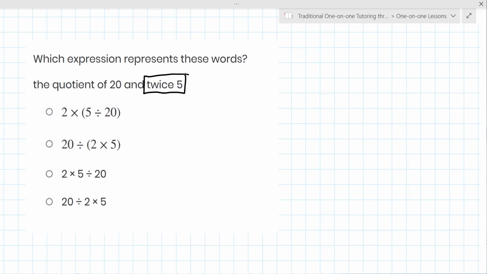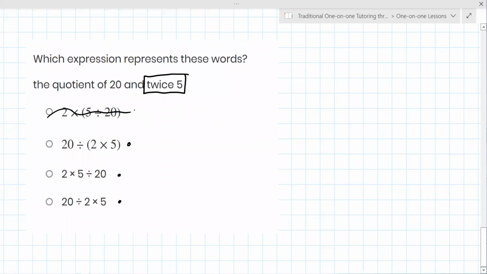Which of these has twice 5 in it? B, C, and D all have twice 5 in it. Actually, A does too, but it's not in the parentheses in the right place.